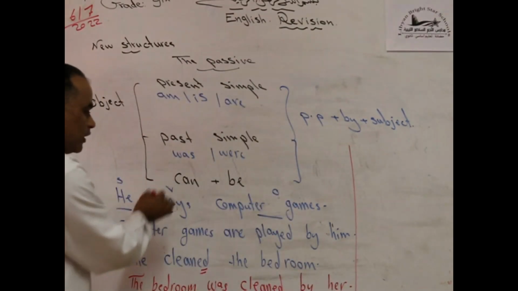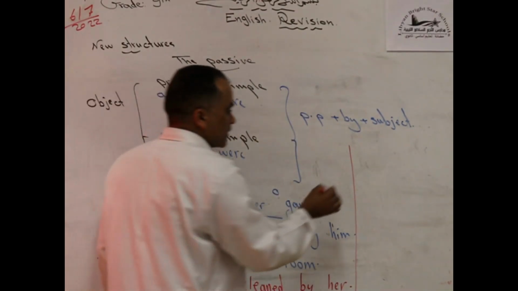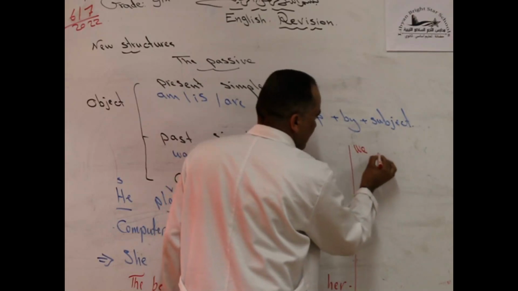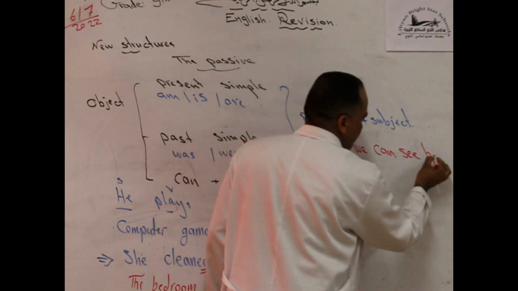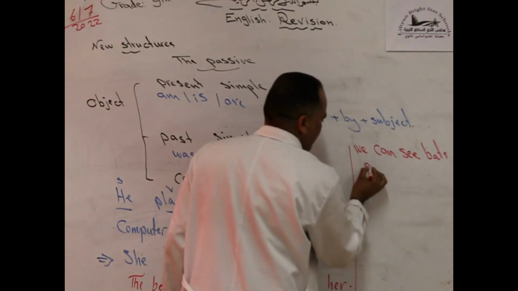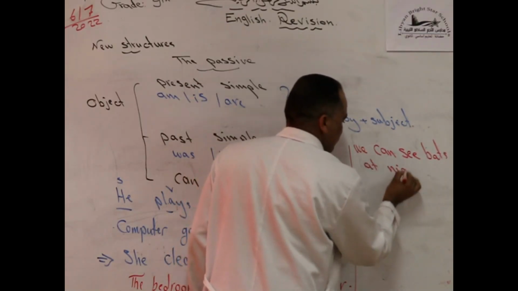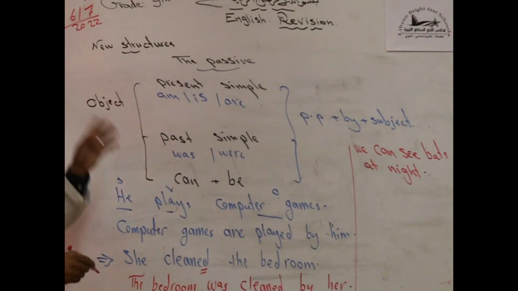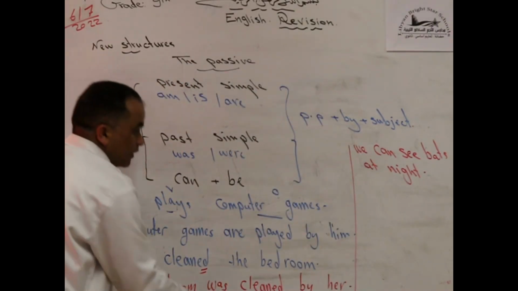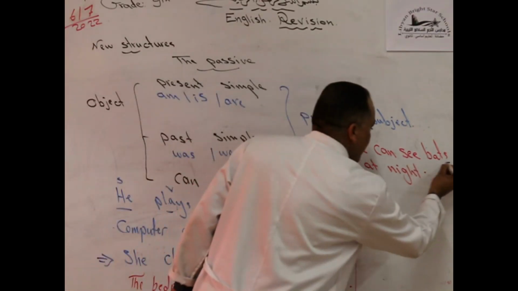If we have the modal verb can, for example, we can see bats at night. We can see bats at night. Start with the object. The object here is bats.